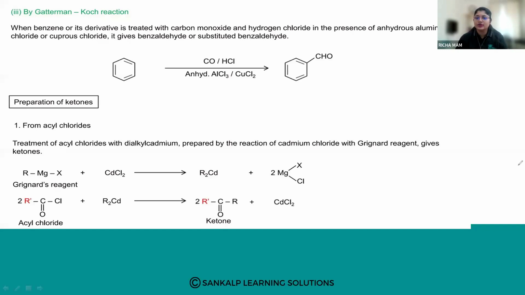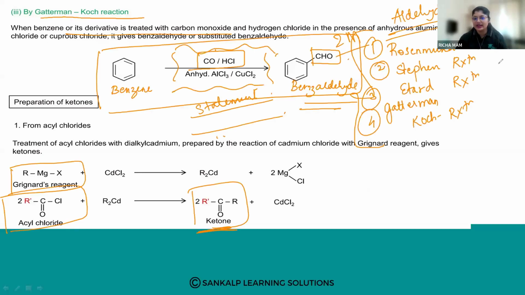Okay, fine. So I want you all to practice these four name reactions: Rosenmund reduction, Stephen reaction, Etard reaction, and Gatterman-Koch reaction. You have to practice these today and come back tomorrow. Tomorrow we are going to discuss the preparation of ketones.